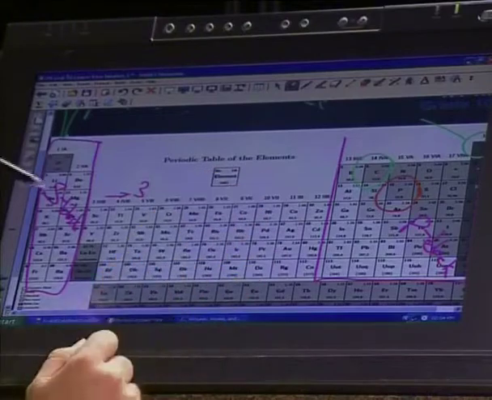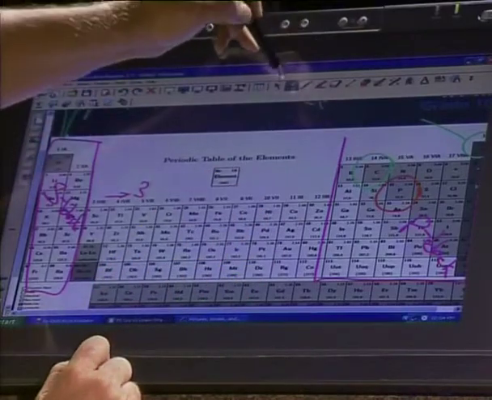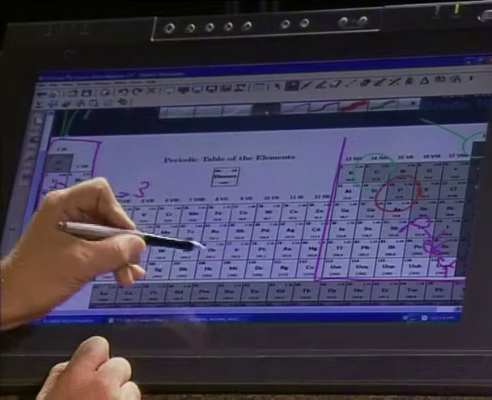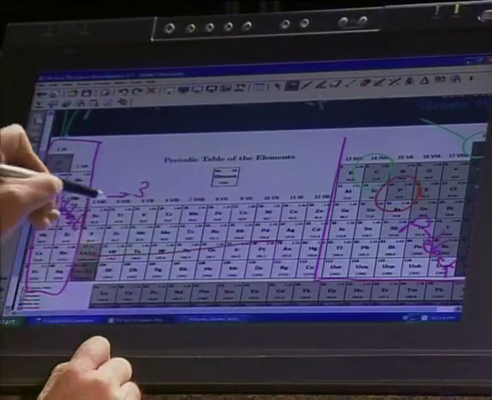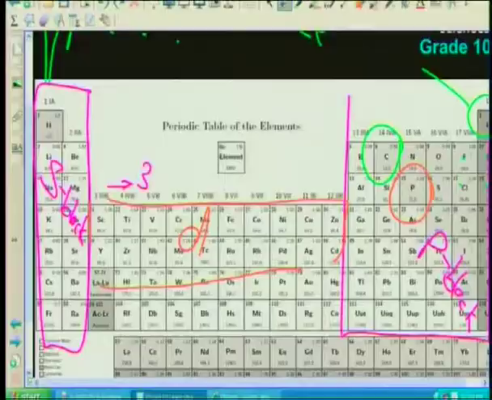Well, you don't really have to worry about them, but for people studying further than high school, this is known as D block, and this is known as F block, and we won't go into any more of that. There are other blocks and other orbitals that we don't deal with at school, but we're going to focus on the S and the P. You've got the S block and the P block, and you can check yourself. Get the row and the group number, and you'll be perfectly okay.